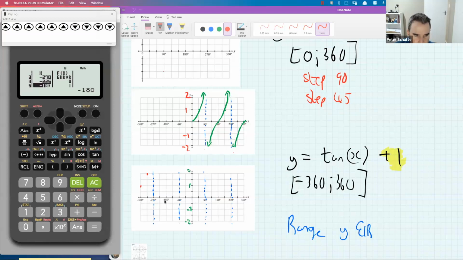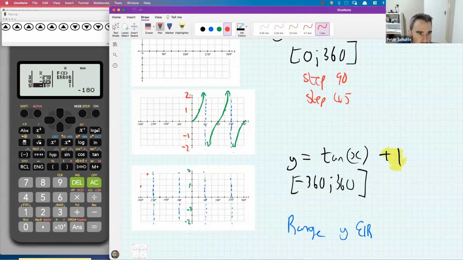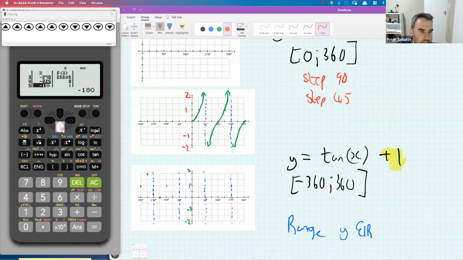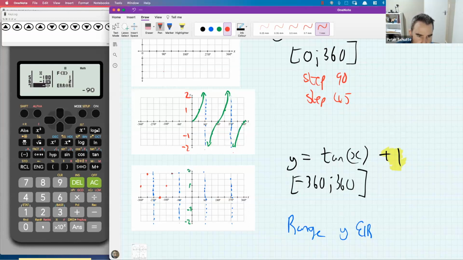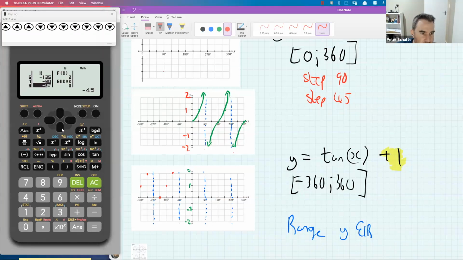I've got minus 225, and that is at 0. Then minus 180 is at 1. Minus 135 is at 2. And then minus 90 is an error. And that's fine, isn't it?